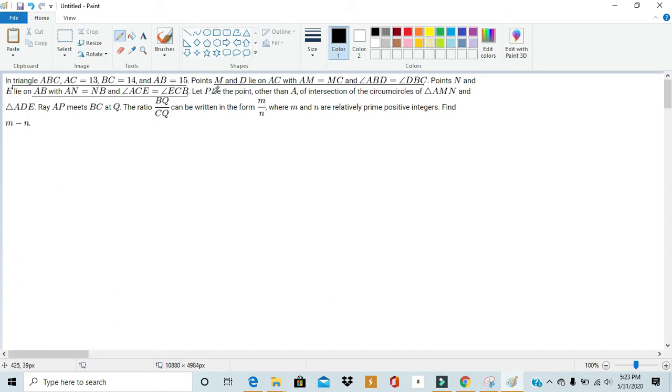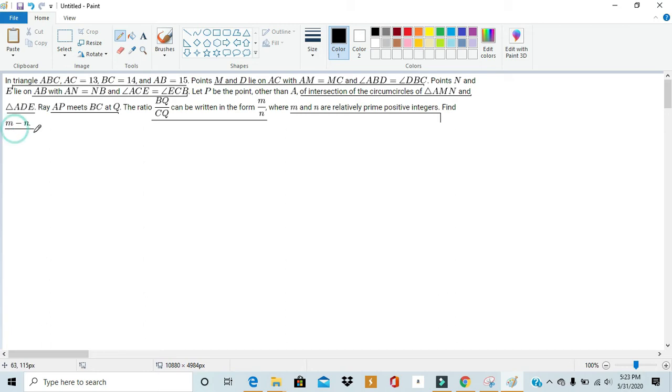Let P be a point other than A of the intersection of the circumcircles of triangle AMN and triangle ADE. Ray AP meets BC at Q. The ratio of BQ over CQ can be written in the form of M over N, where M and N are relatively prime positive integers.